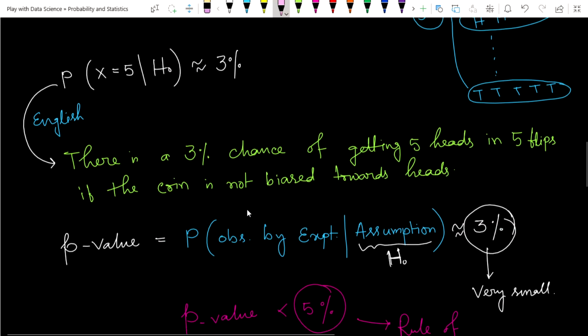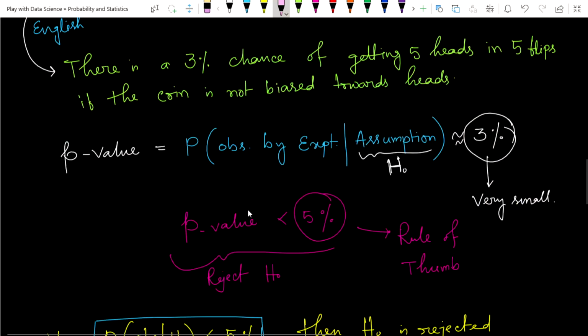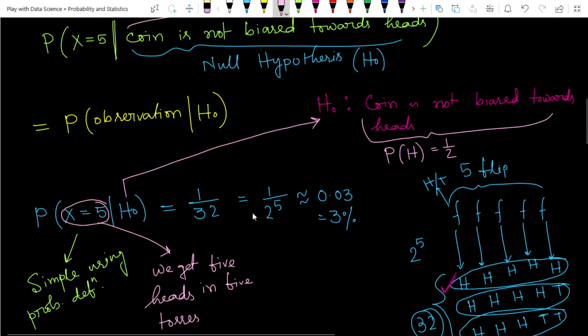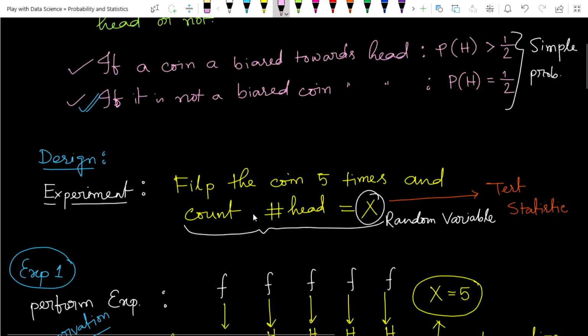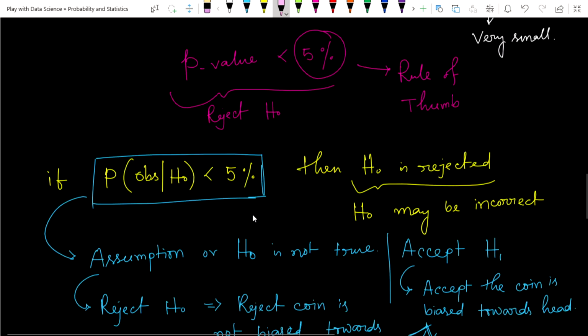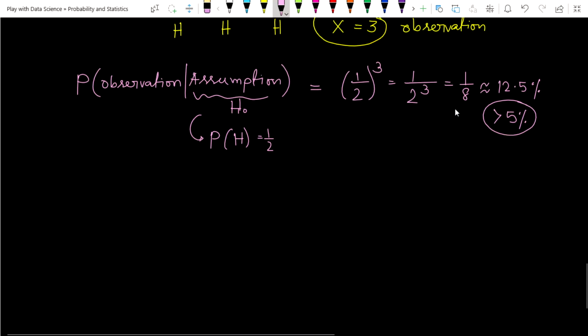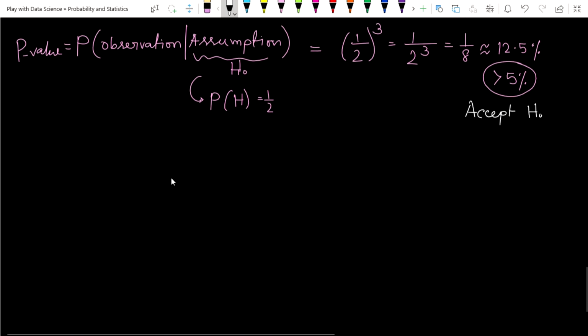If the p value is greater than 5%, then we will accept our null hypothesis. So in such a scenario, we will accept the null hypothesis.